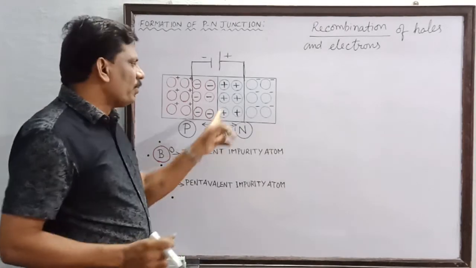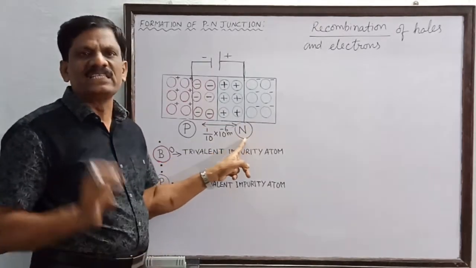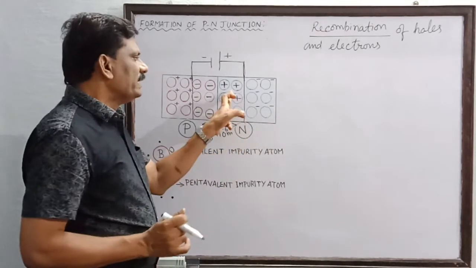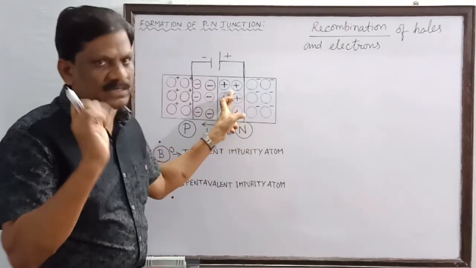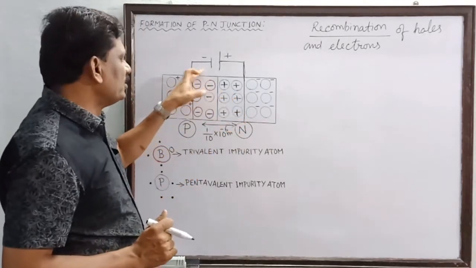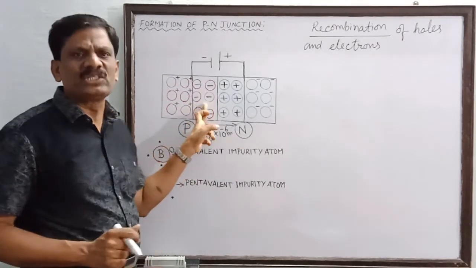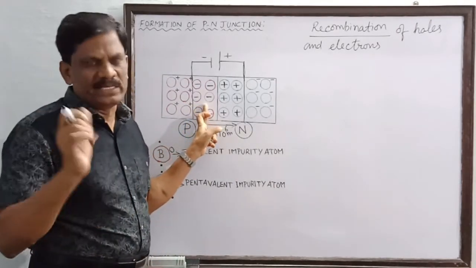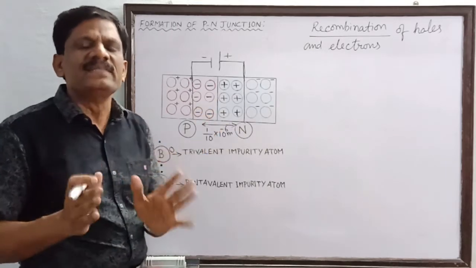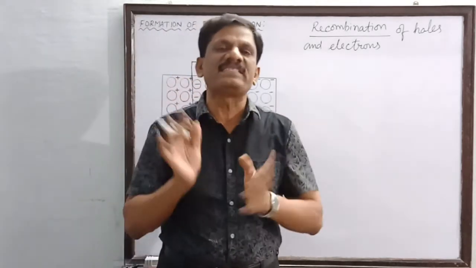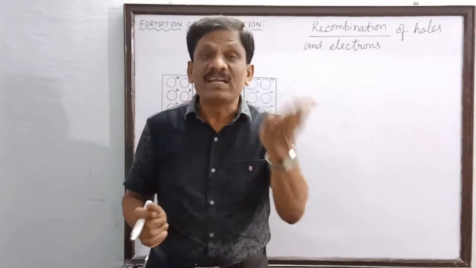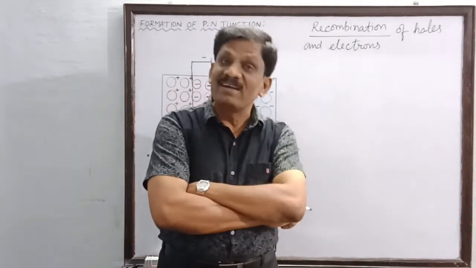So the positive potential on the N side of the junction is due to the formation of immobile positive ions, and the negative potential on the P region of the junction is due to the formation of the negative immobile ions. So once this potential difference is established, further migration of charges cannot take place.